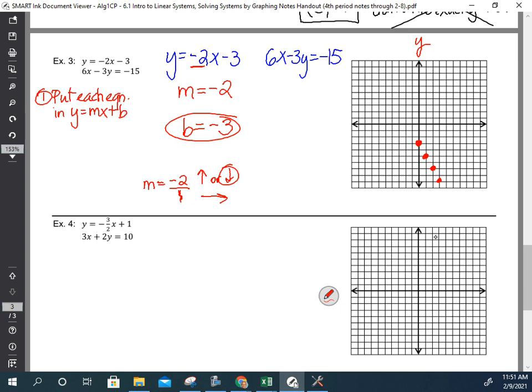Now, if you want to turn it around, instead of going down, you can go up, but that means instead of going to the right, you go to the left. Up 2 to the left 1.